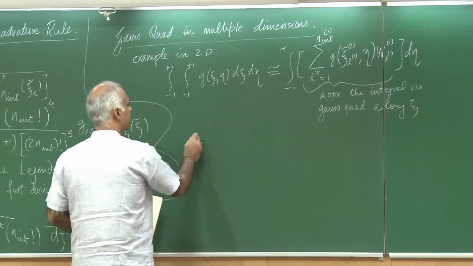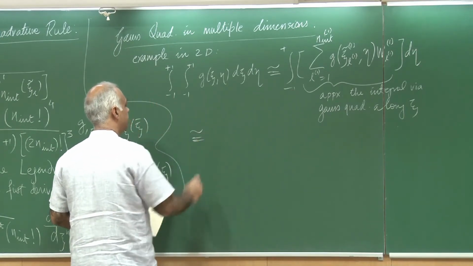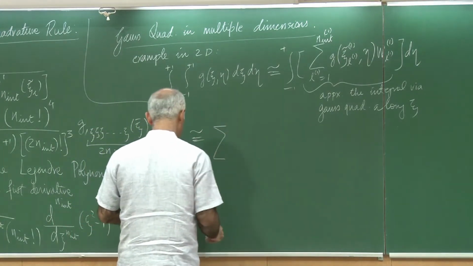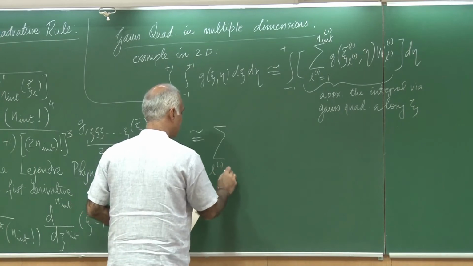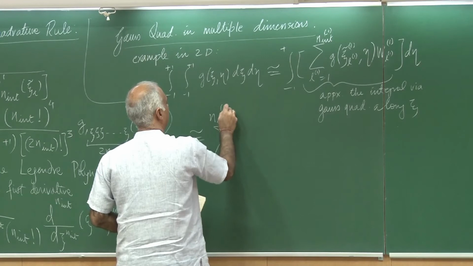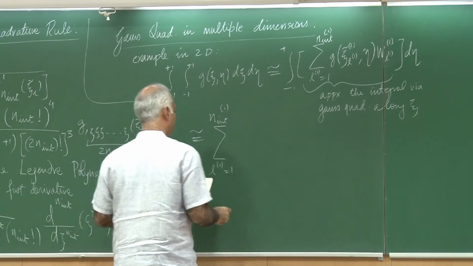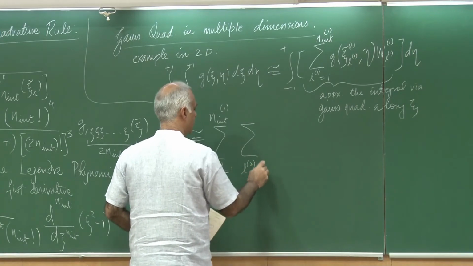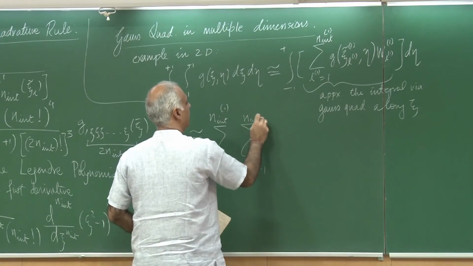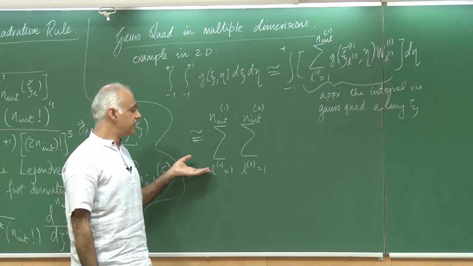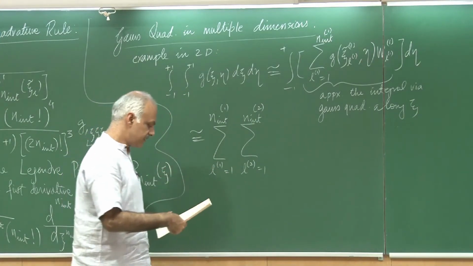Next, we can open up this integral along the eta axis. This would again be an approximation, and now I would write that L1 goes from 1 to n int 1 and L2 goes from 1 to n int 2. So, I can use different numbers of integration points along the xi and eta directions.